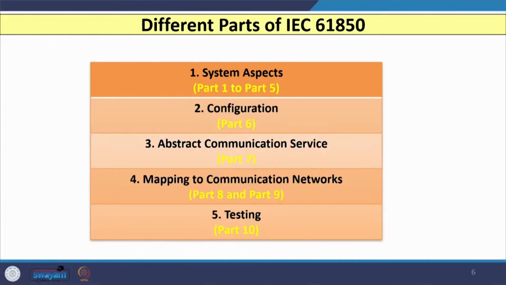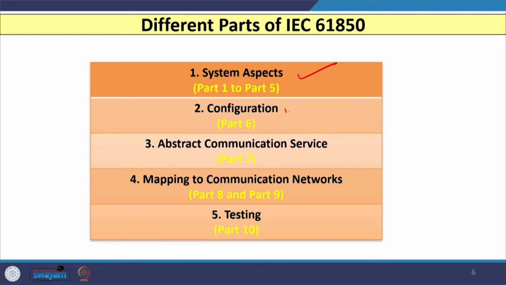IEC 61850 contains majorly 5 parts. The first is the system aspects. Part 1 to part 5 are covered in system aspects. We will discuss in detail what is given in this, but it contains 5 parts.